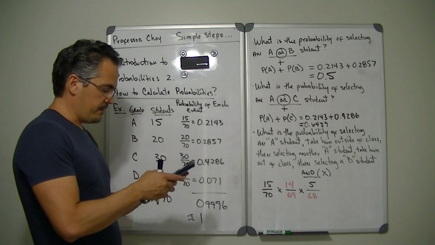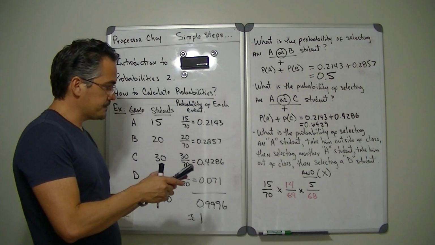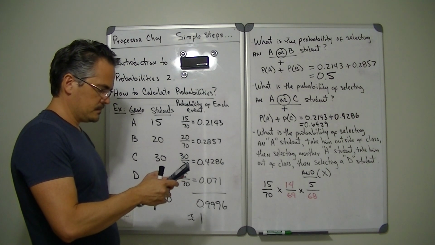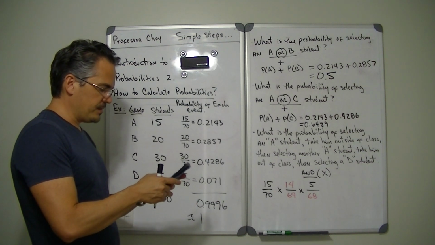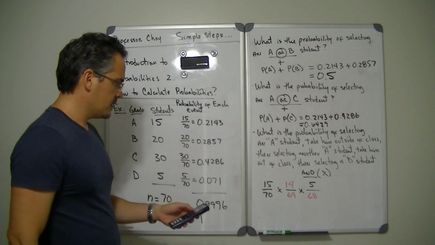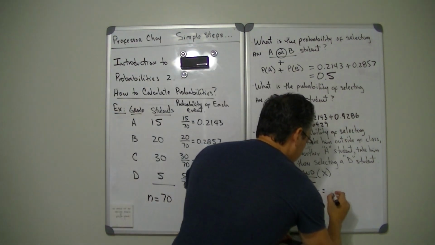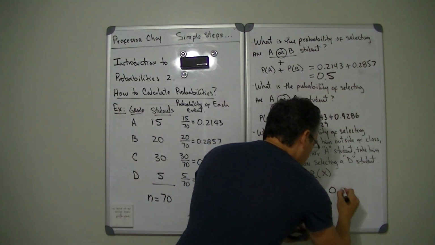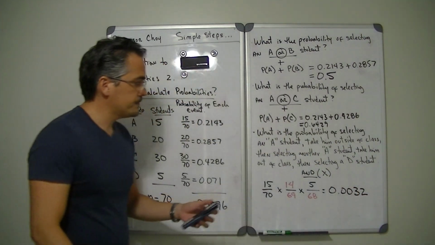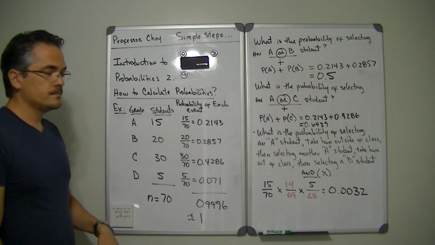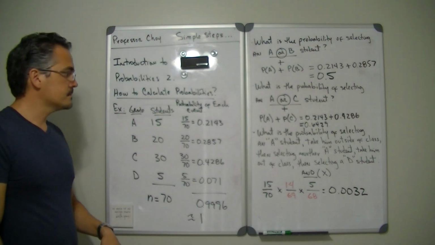Let me work with my trusty calculator here. Remember, when you're doing this stuff, by the way, make sure you put brackets. Alright, so probability of this event is 0.0032. There you go. That's how you solve that.